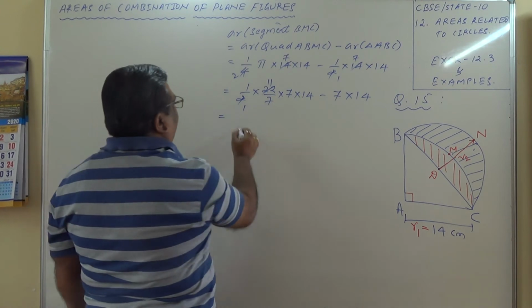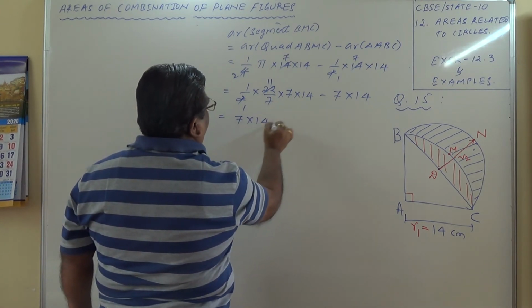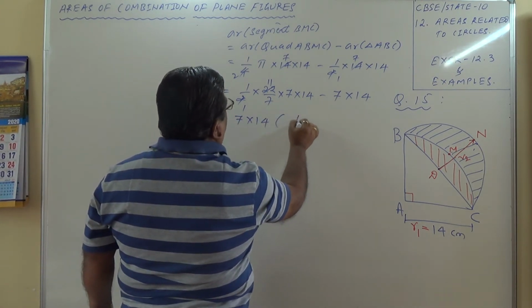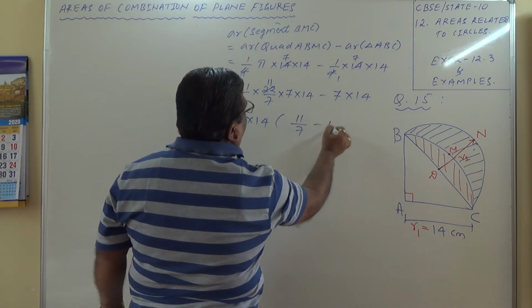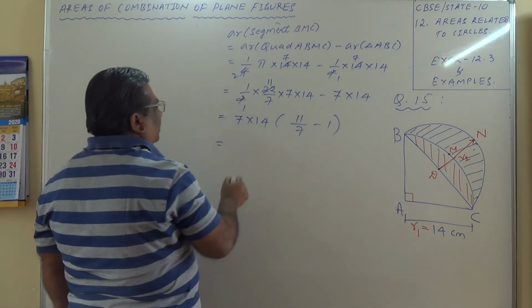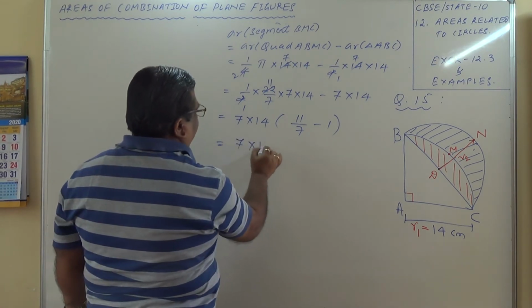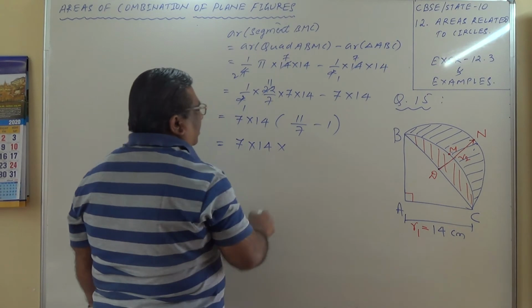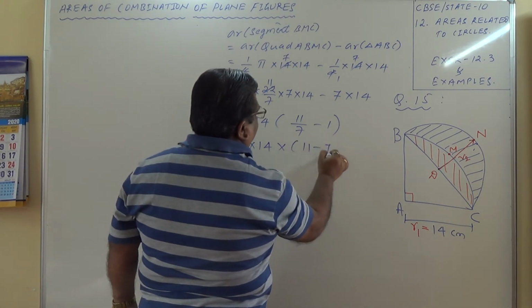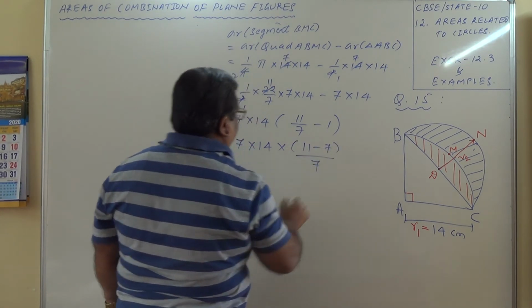7 into 14 is common. 7 into 14 into bracket 11 by 7 minus 1, which is 7 should cancel here. 7 into 14 into 11 minus 7 divided by 7.